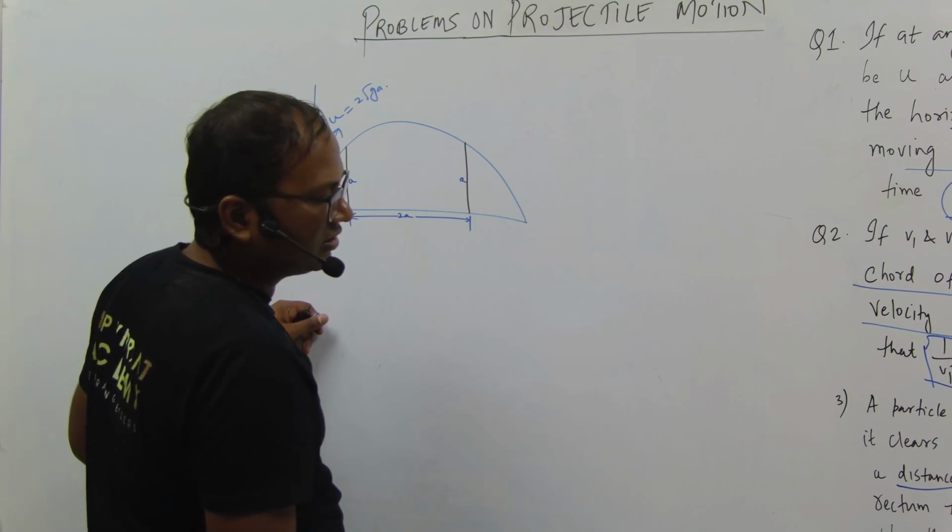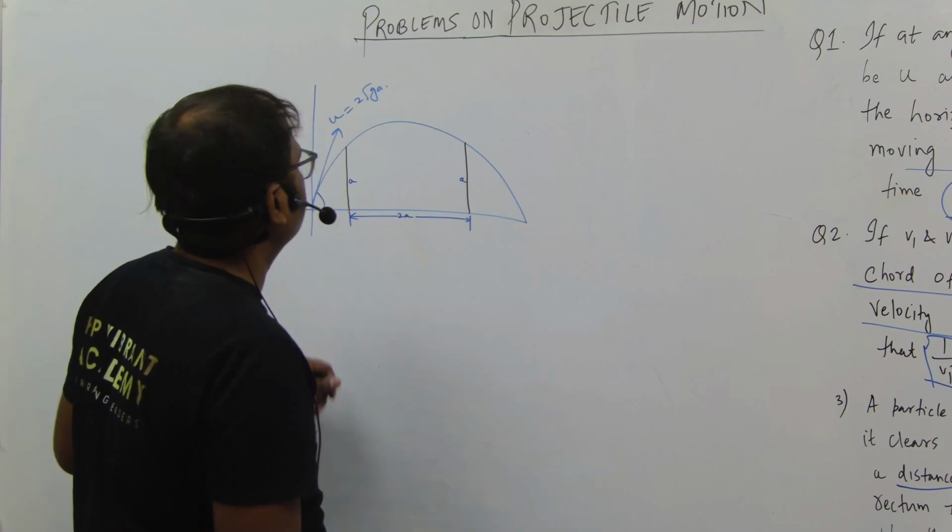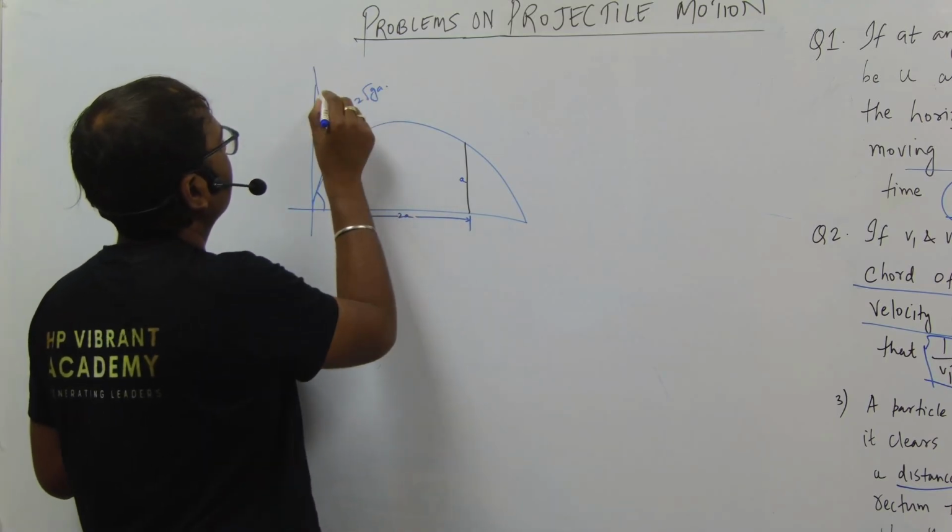Show that the latus rectum of the path is 2A and that the time of passing between the walls is 2 root under A upon G. So let us find the directrix first.